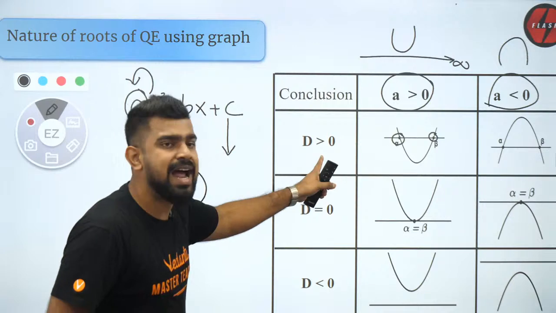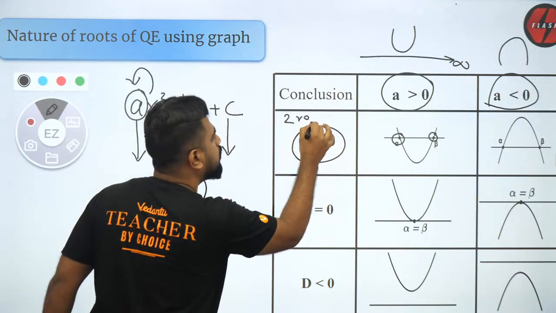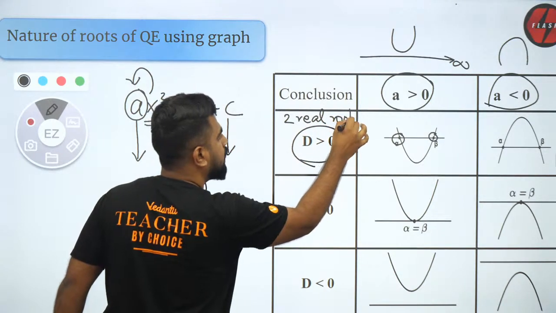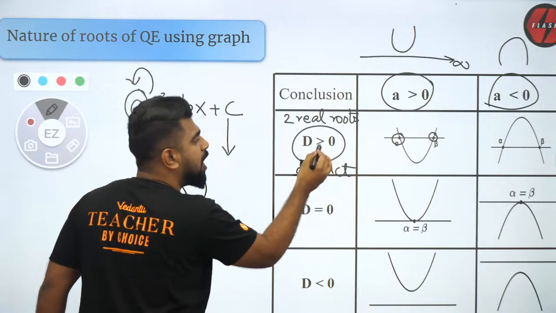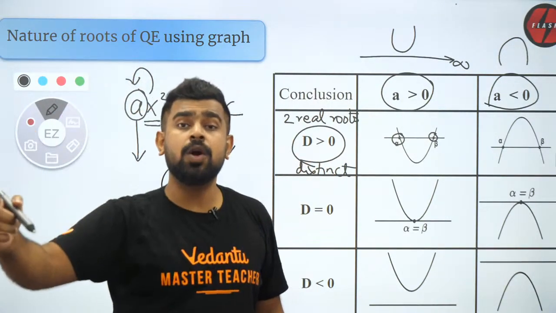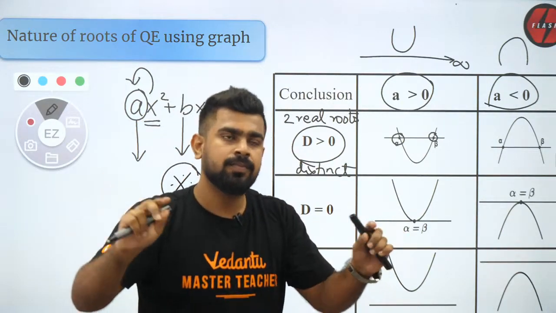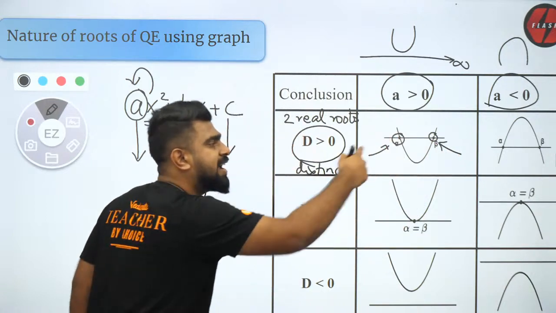So for a quadratic, we know that for D positive, I have two real roots. We studied yesterday. And they will be distinct. Why distinct? Because D is greater than 0. D greater than 0 means two different roots you will have. So that is why you see at two different places it is meeting the x-axis.